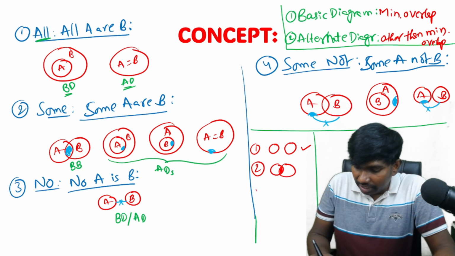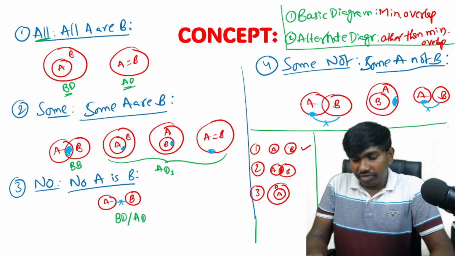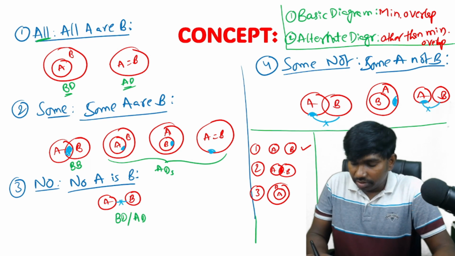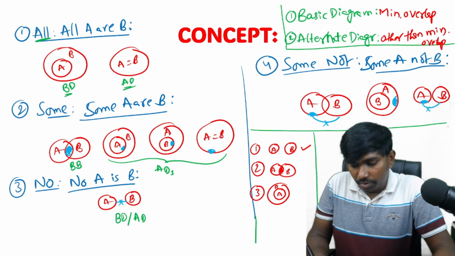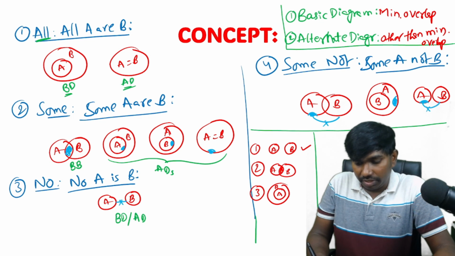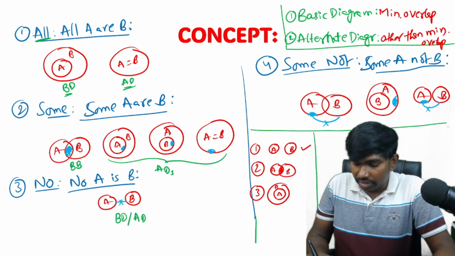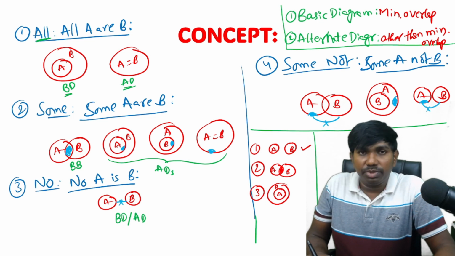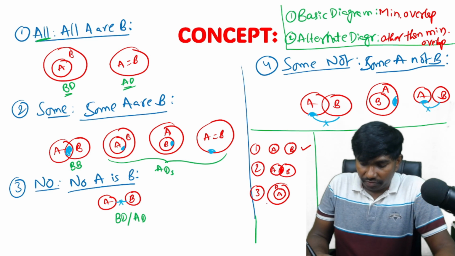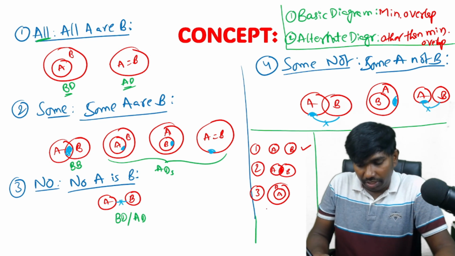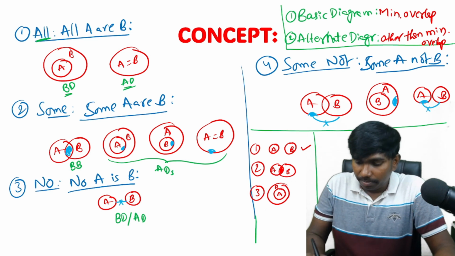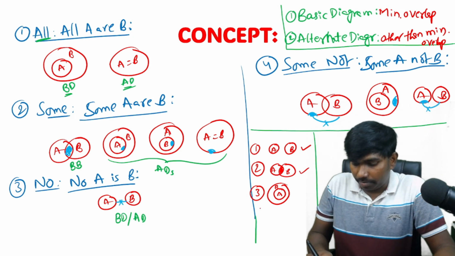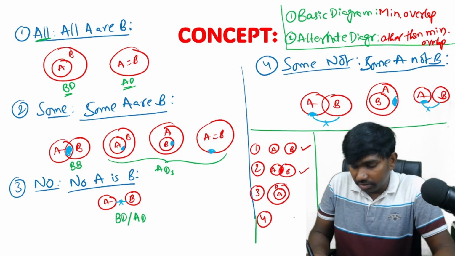And between second and third, which is of minimum overlapping? Second, because in both directions, from A to B and B to A, only some part overlaps. But in the third diagram, from A to B it is some only, but from B to A it is all, right? So between second and third, second is the first priority. And between third and fourth, which is the basic diagram?